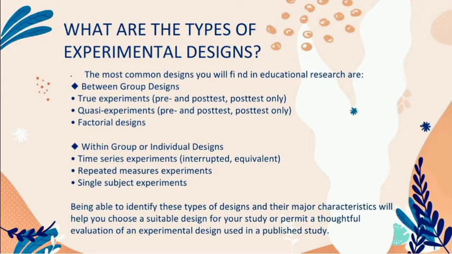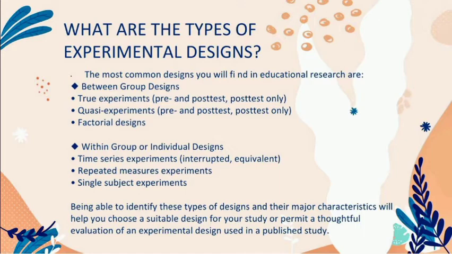And then, what are the types of experimental design? The most common designs you will find in education research are the first, between group design, and the second, within group or individual design. In the between group design, there are three types. The first is true experiments using pre and post tests or post tests only. The second is quasi experiments using pre and post test or post test only.